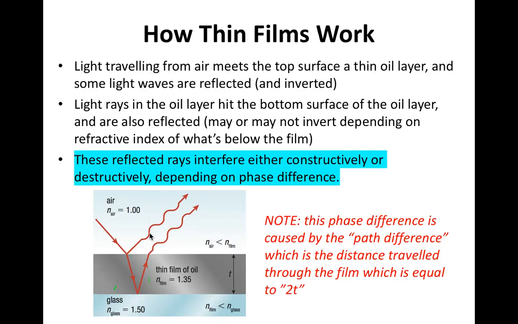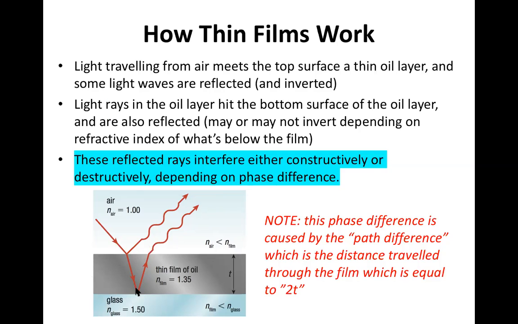These two reflected rays, the one that was reflected earlier and the one that was reflected later, may interfere constructively or destructively, depending on the phase difference. The path difference from here to here, this extra path that the second wave had to travel, is equal to 2t.